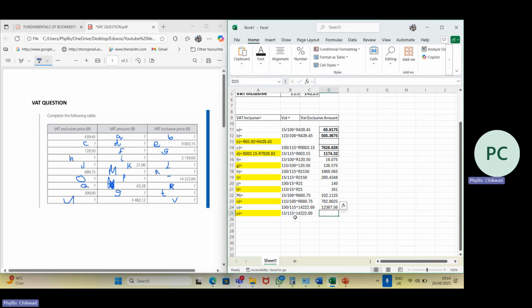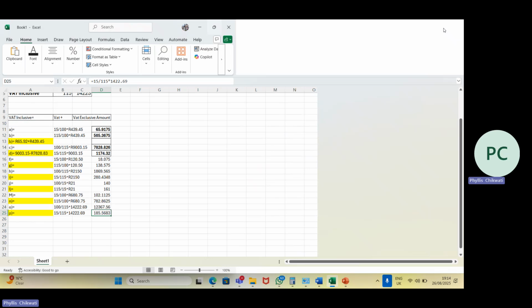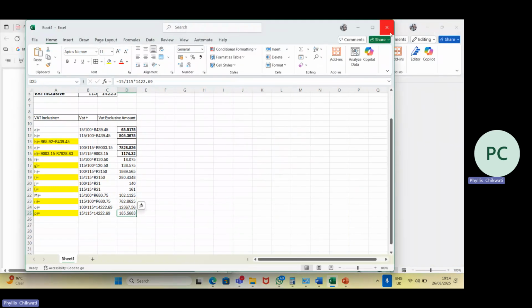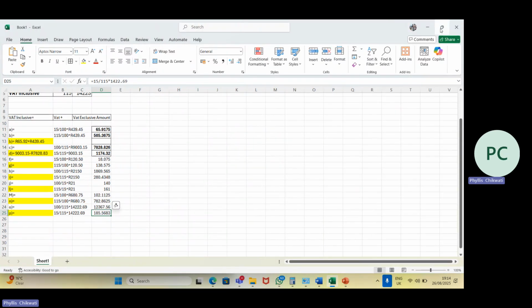So it should be how much? Okay, so it should give us our VAT portion as 185.56. Okay, so based on this question, this is our solution to the question.